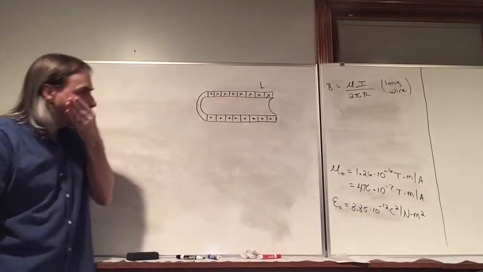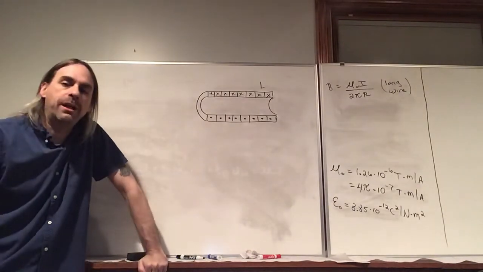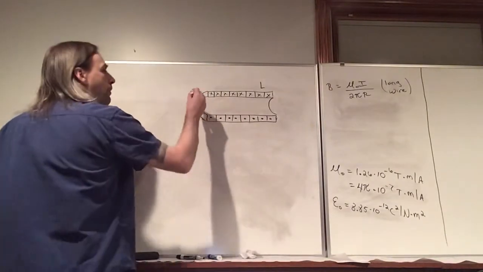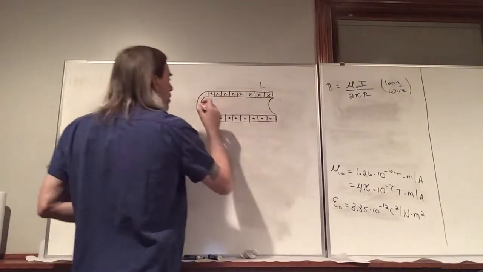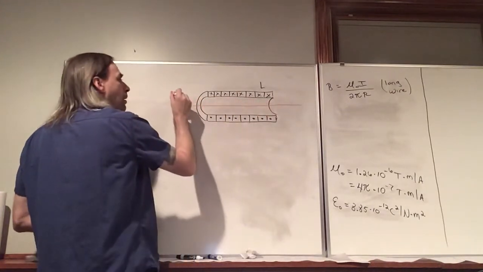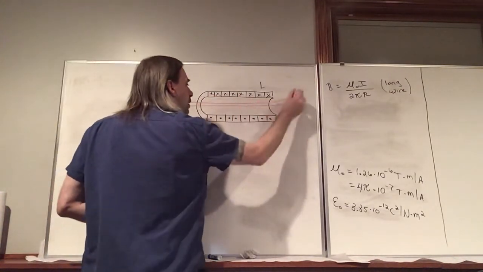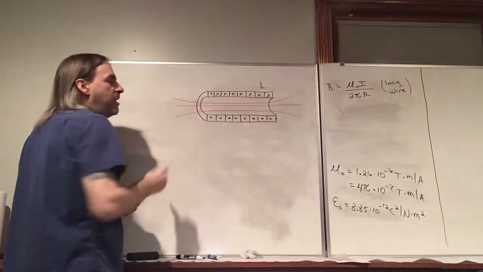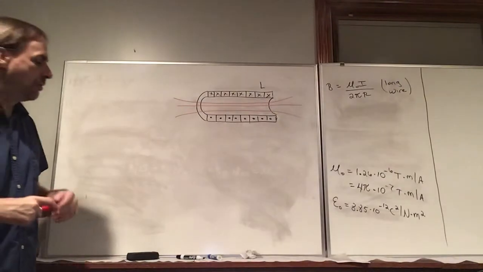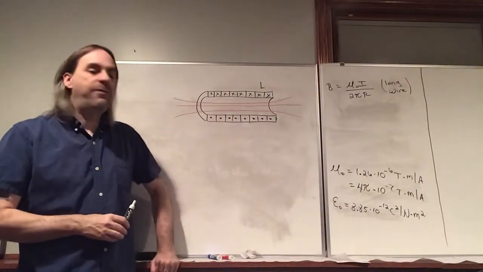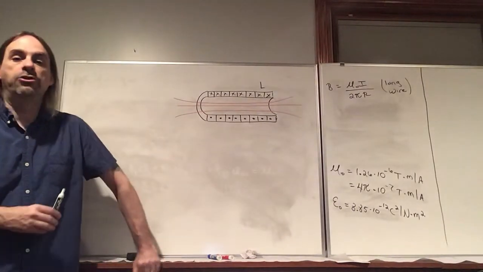Now, it looks like a fairly complicated picture, but basically, let's say we have a very long solenoid. When you're in the interior of the solenoid, if you're not near the edges, these magnetic field lines are parallel to each other.